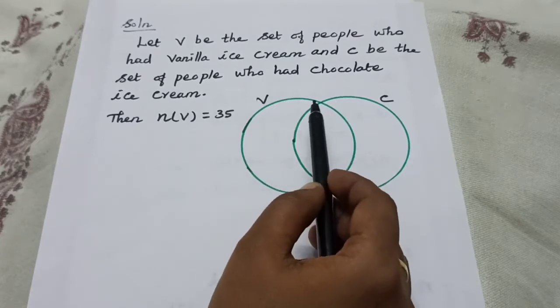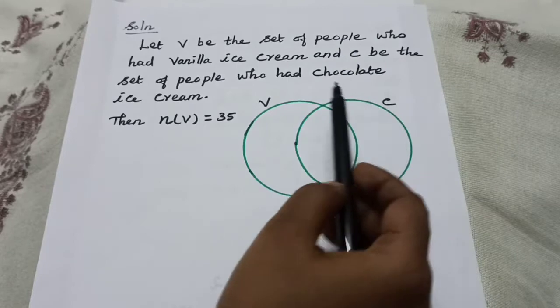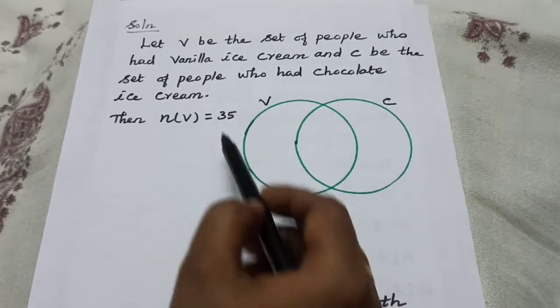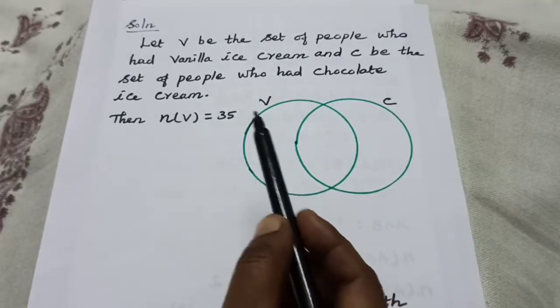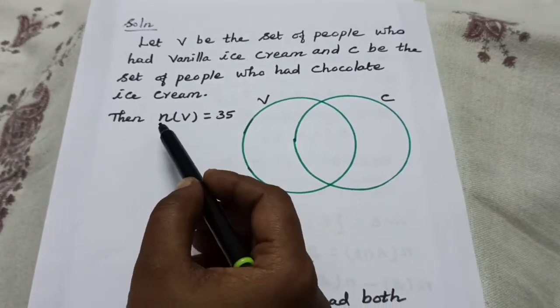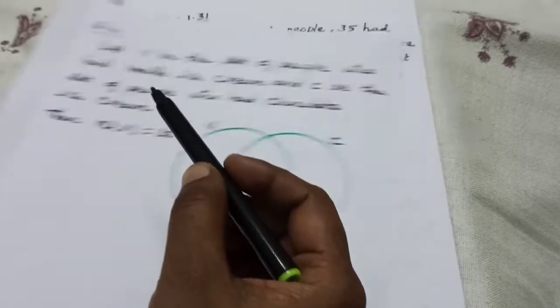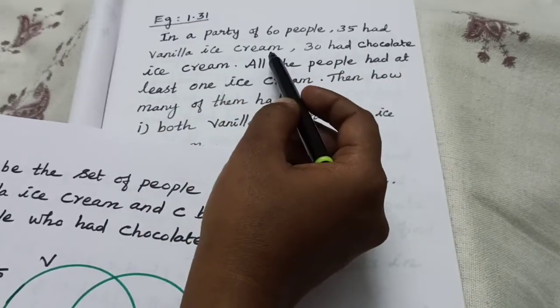So here vanilla ice cream first set, then second you have to draw the Venn diagram. Here total not given, so this rectangle box is not needed. Here what is given? Number of people who used vanilla ice cream: 35 had vanilla ice cream.